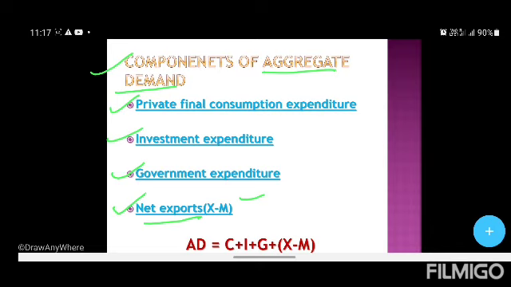So we can say AD, which is aggregate demand, is equal to C plus I plus G plus X minus M. Here C stands for private final consumption expenditure, I stands for investment expenditure, G stands for government expenditure, and X minus M, that is the difference of export and import, is the net exports.